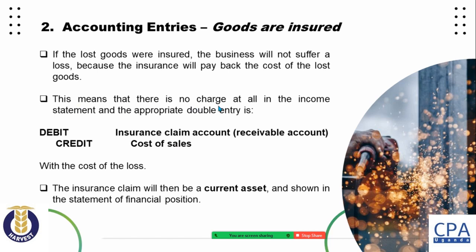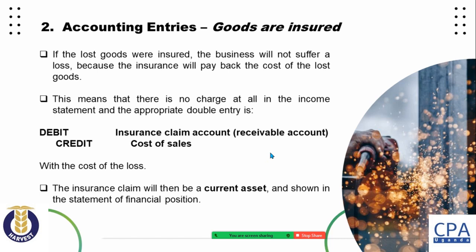Meaning that there is no charge at all in the income statement, and the appropriate double entry would be as stated above. The insurance claim will then be a current asset and shown in the statement of financial position.